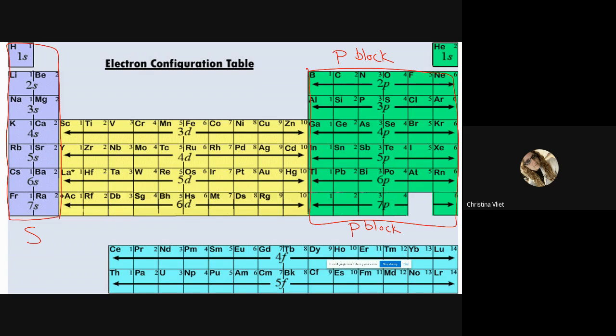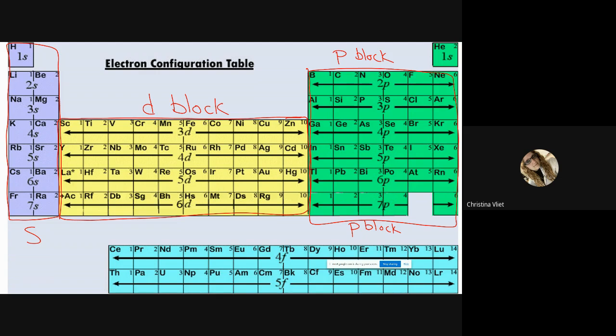All these center elements, we also call them the transition elements, these right here. Call your D block. If you can remember, this section is S, this section is P, and this section is D. You can actually count the groups for an element to figure out where the electron configuration ends.